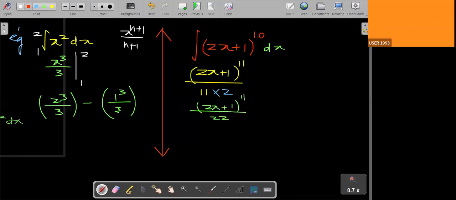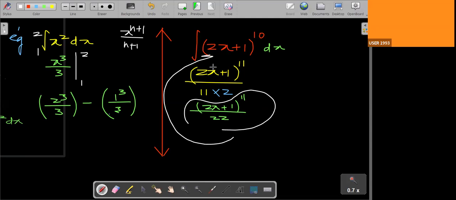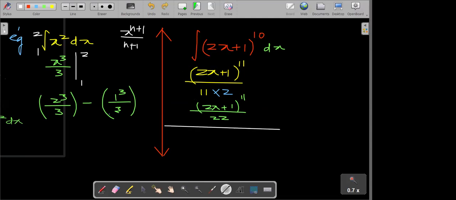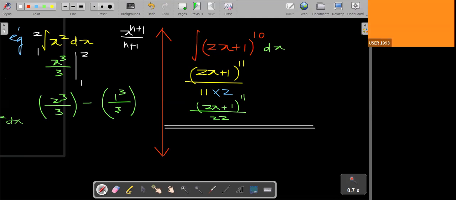So we have an answer here. If you differentiate this answer, you have to get the original. Let's check.